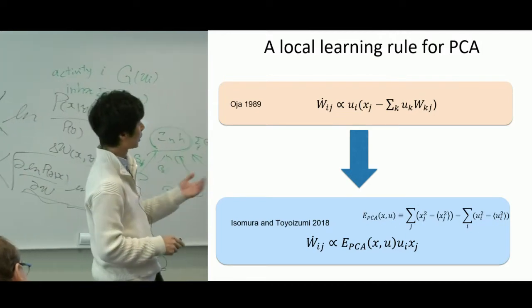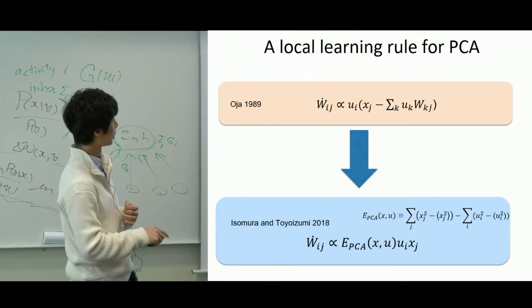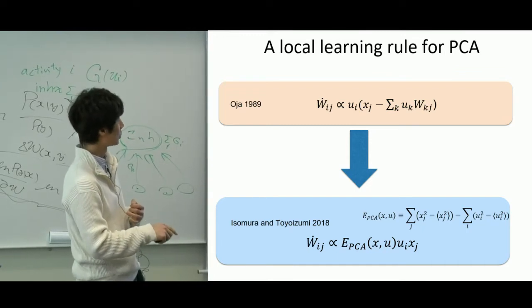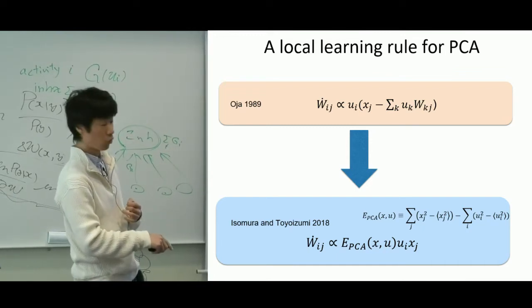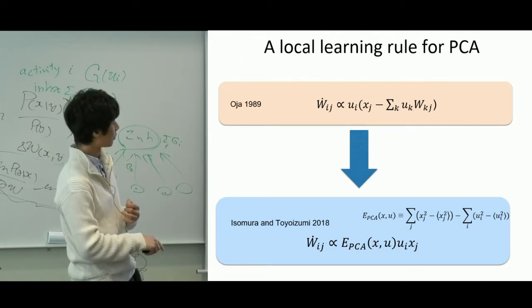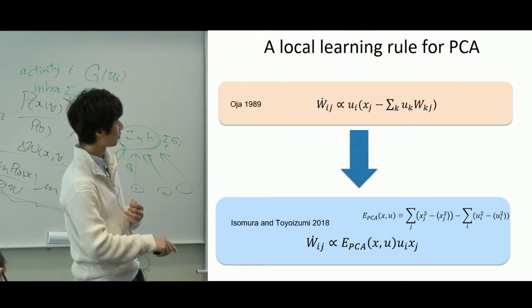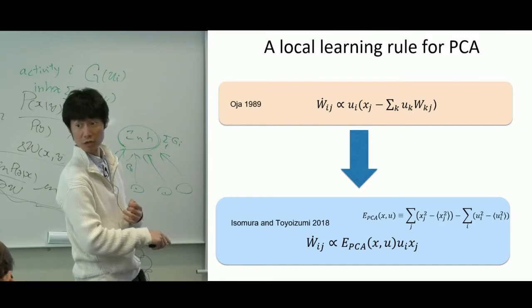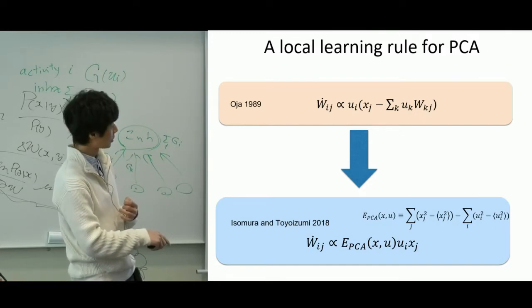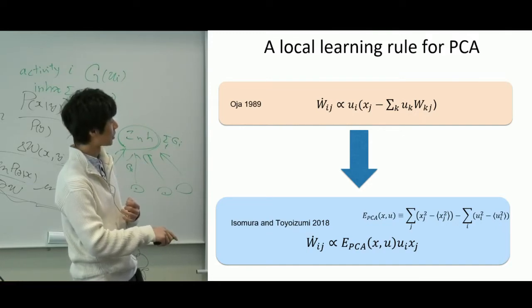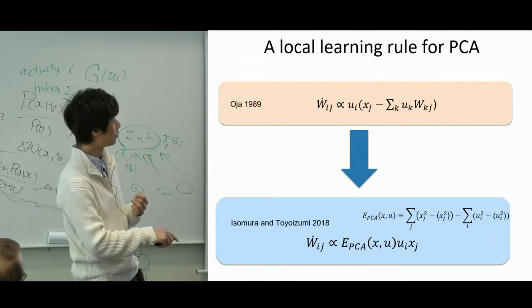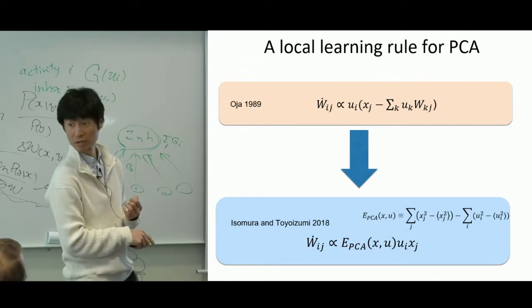But again, using the same trick, we can rewrite this equation into a three-factor form where the synaptic weights must be updated with the presynaptic and postsynaptic factors and a global scalar factor. In this case, the global scalar factor is a momentary comparison of the input variance minus the output variance.